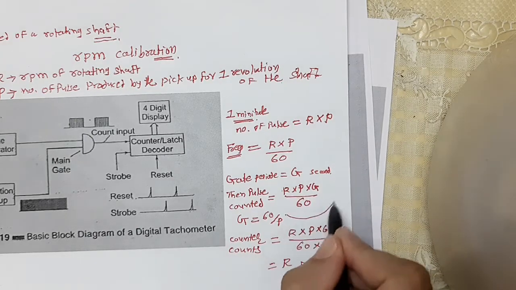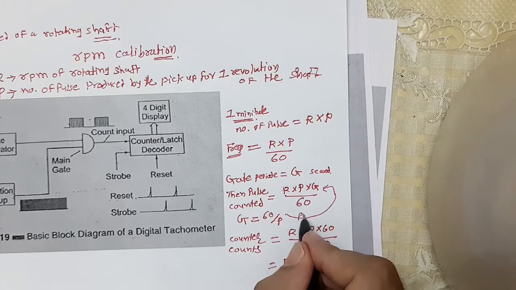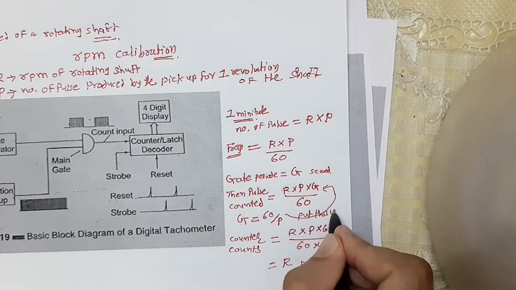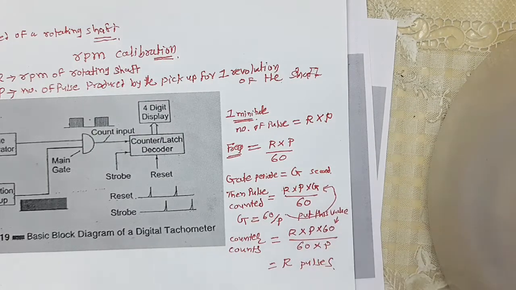Put this value here, and we can read the RPM of the rotating shaft directly.